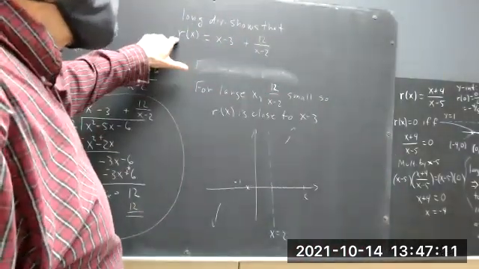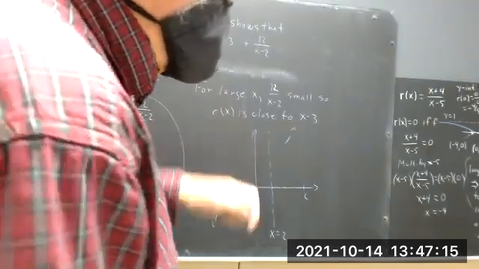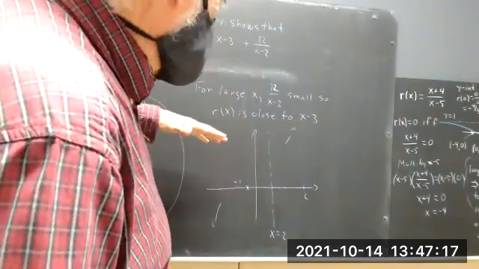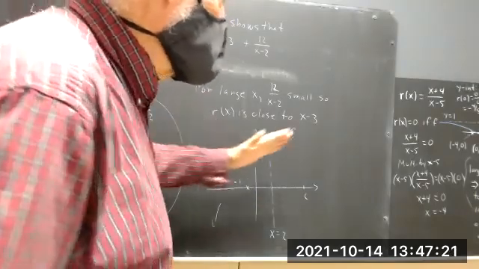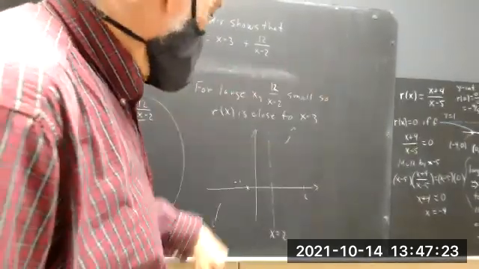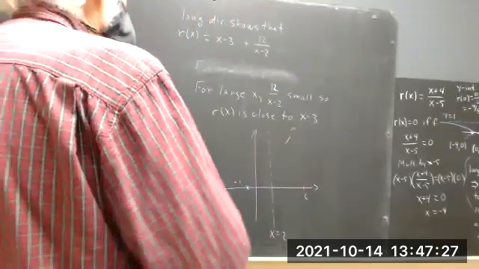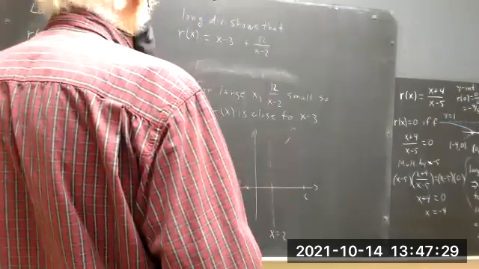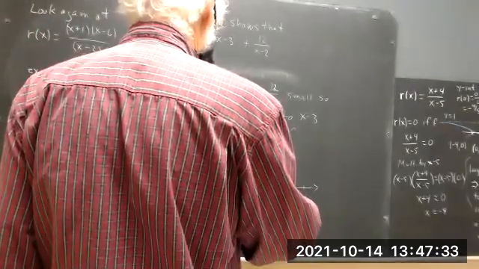But it doesn't act like a polynomial as it approaches, and it doesn't just keep getting steeper. It doesn't keep getting steeper on this side. We approach the graph of y equals x minus 3. And we do have the intersection 3 here.